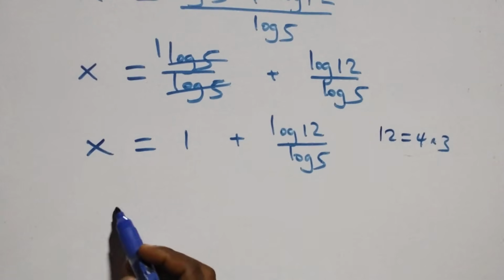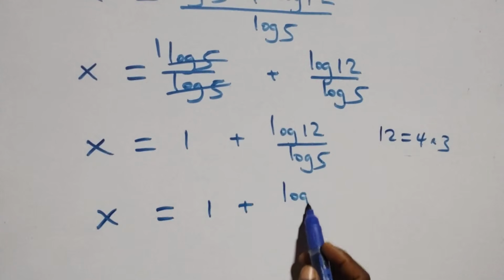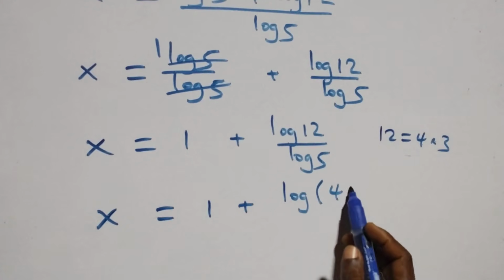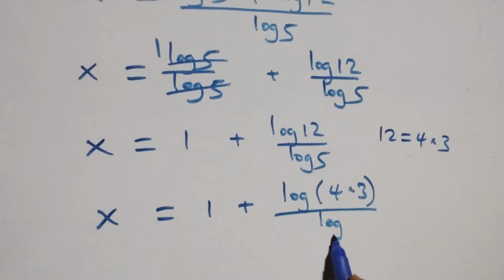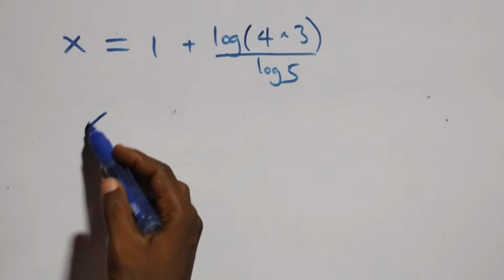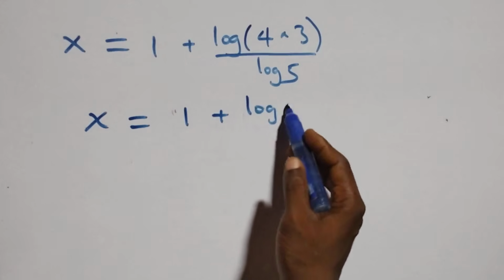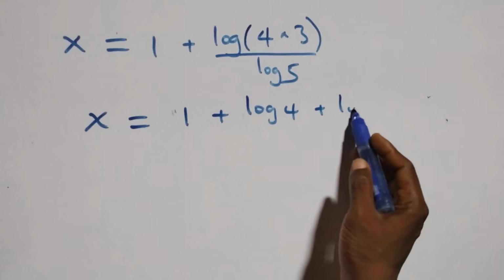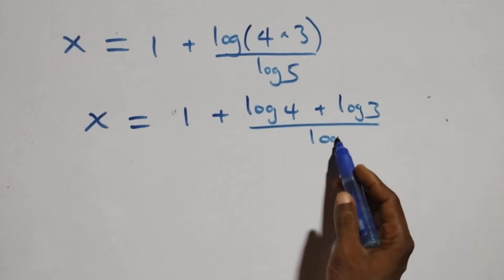That is, here, this becomes x equals 1 plus log 4 times 3 over log 5. This also follows the law of logarithm, and we have x equals 1 plus log 4 plus log 3 over log 5.